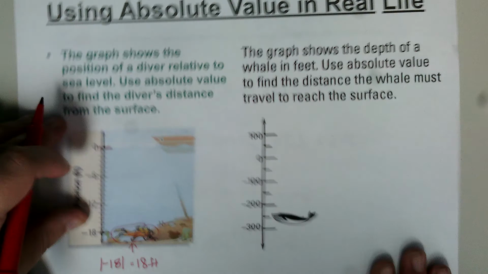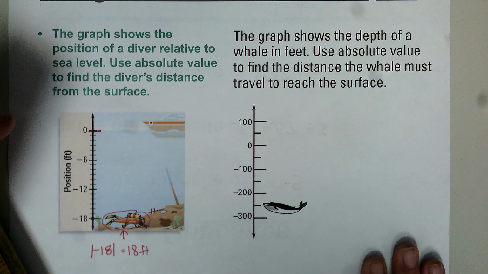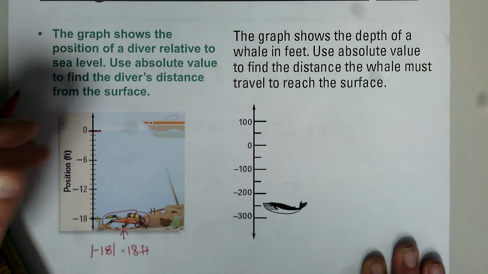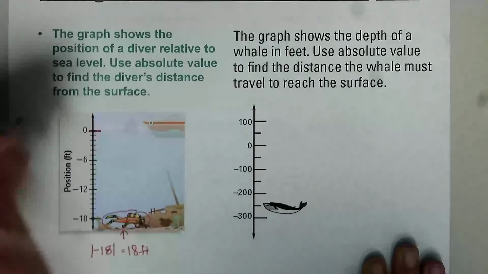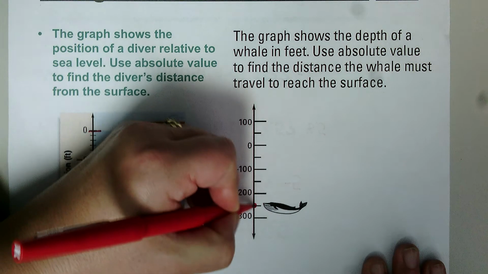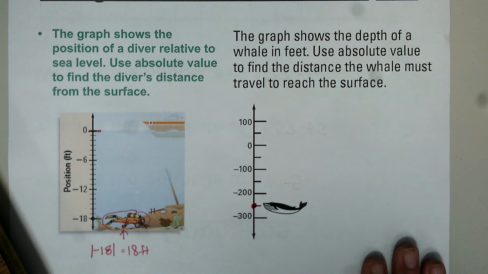The next one says the graph shows the depth of a well in feet. Use the absolute value to find the distance the well must travel to reach the surface. It looks like the well is right here. I want you guys to tell me what is the absolute value of the well's depth below the surface.